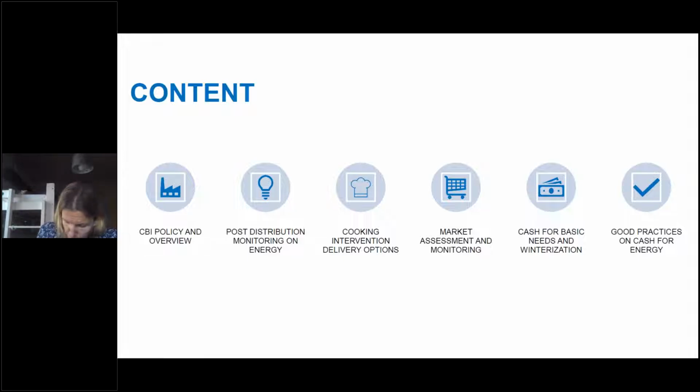And we also saw from the post-distribution monitoring that refugees know, just like you and I, how to prioritize their needs. What was interesting during COVID, for example, we saw a significant increase in the expense for WASH. So people went out buying soap, etc. So it's not as if we can dictate what they use the money for.